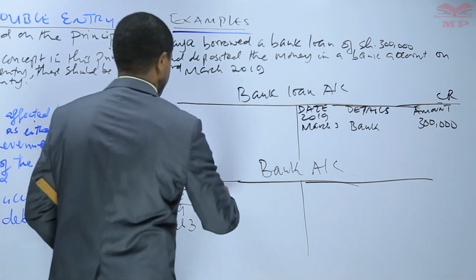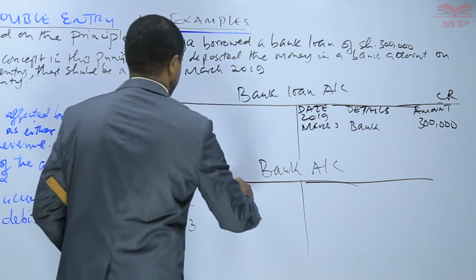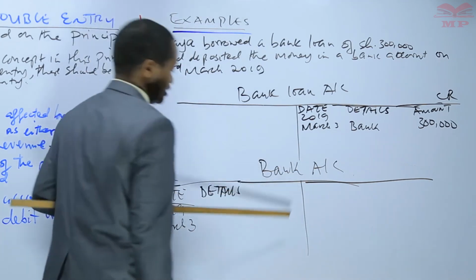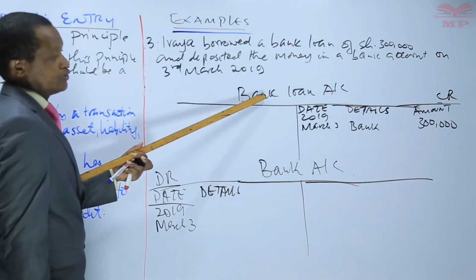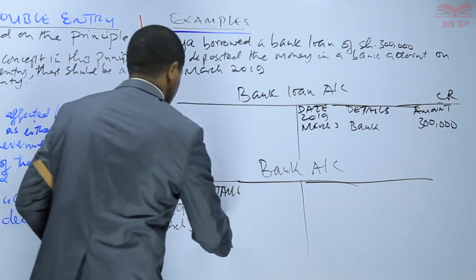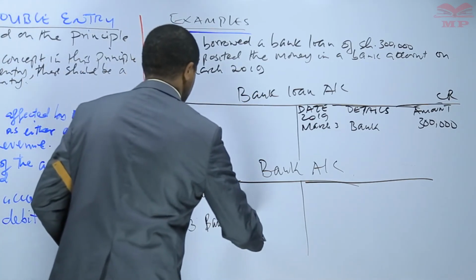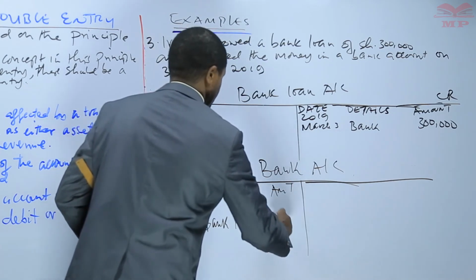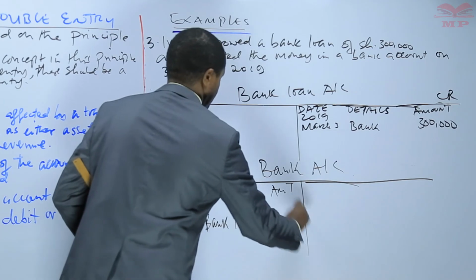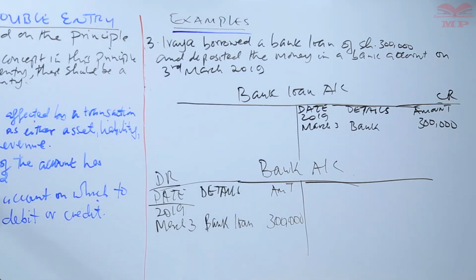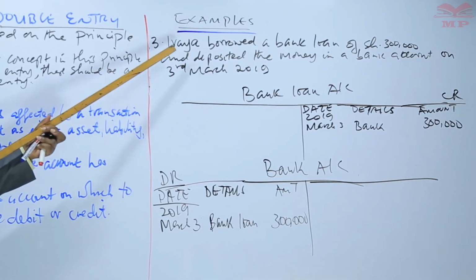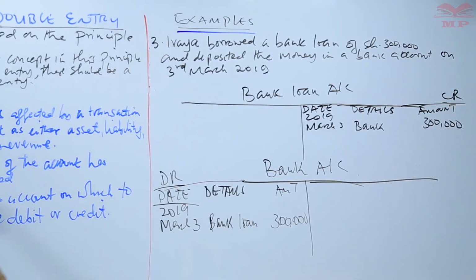Under details, we write the name of the corresponding account, which is bank loan. The amount is 300,000. So that is example number 3.